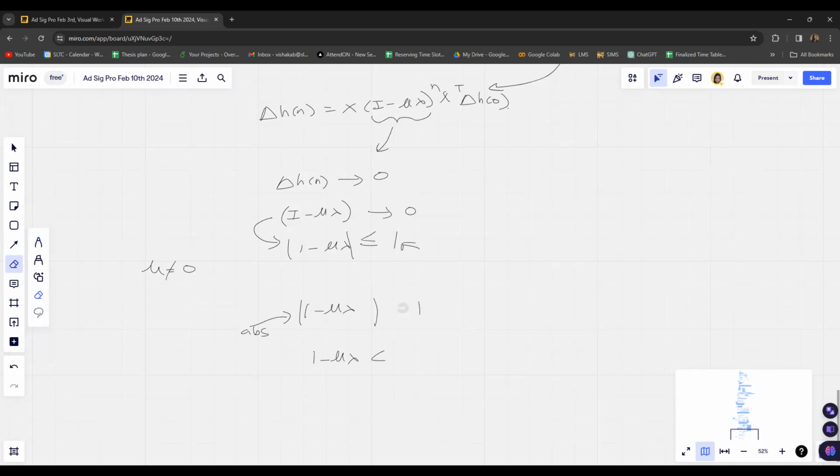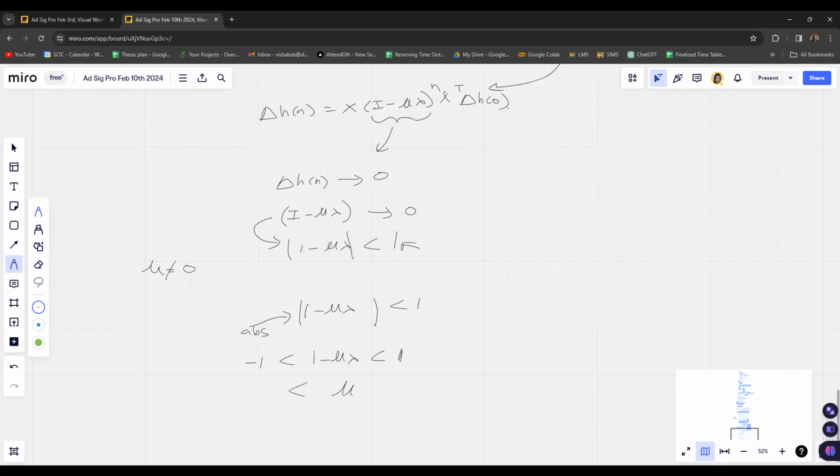In here, we are not considering the equal sign. We are going to make it lower than 1 and bigger than -1. And by considering these two conditions, we can find the values of mu that are suitable.